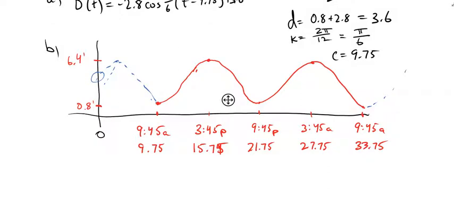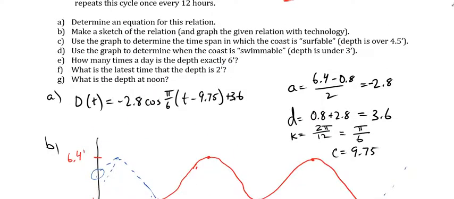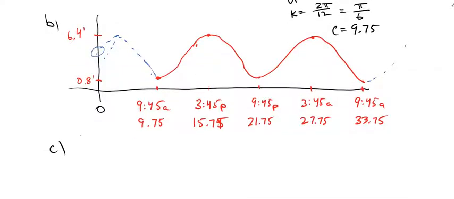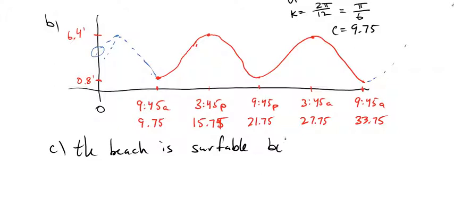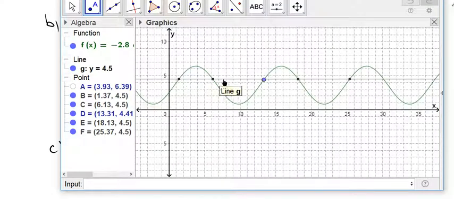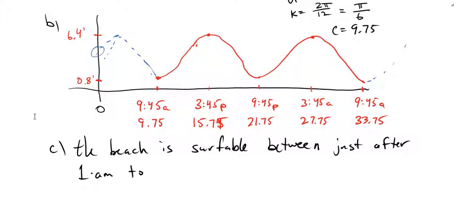Okay, let's write that down. C. The beach is surfable between, and I could use the graph to get exact answers, but for this I'm just going to say between just after 1 a.m. to just after 6 a.m. And 1 p.m. to 6 p.m. as well.